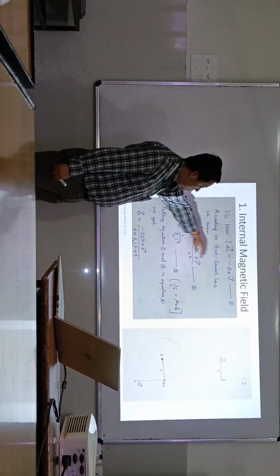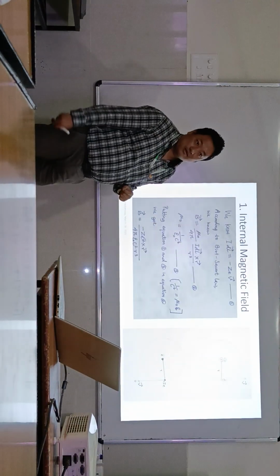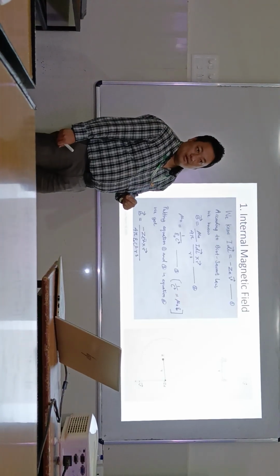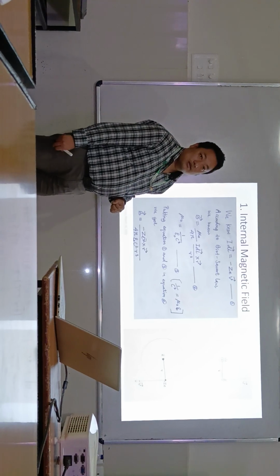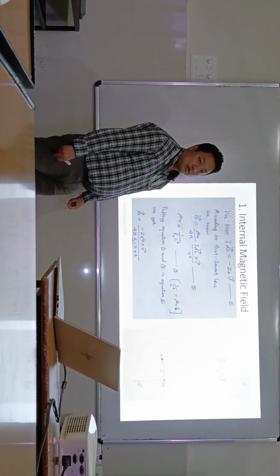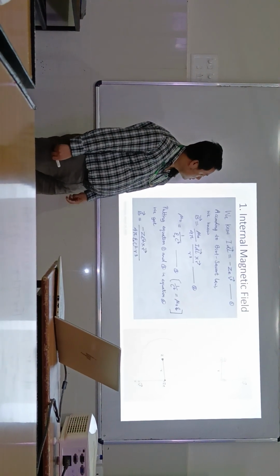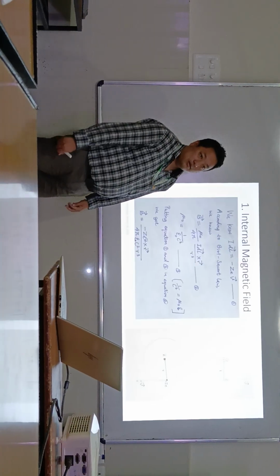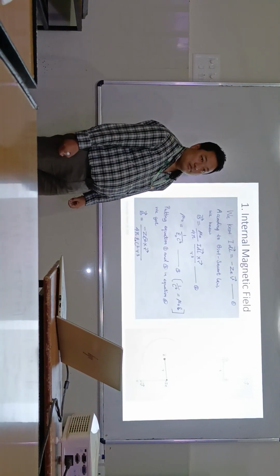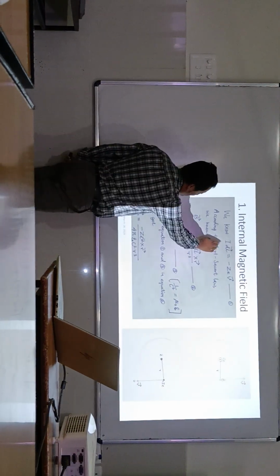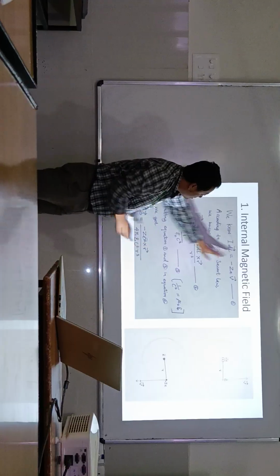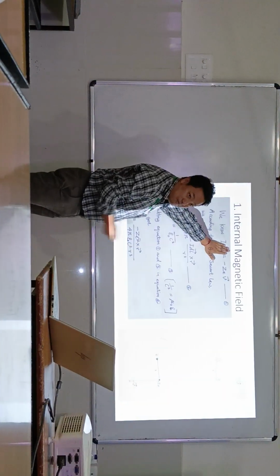Then we are going to use the Biot-Savart law. Can all of you understand equation 1? R is the distance between the nucleus and the electron. Let me explain the first equation once again. I is the current. Where do we get the current?